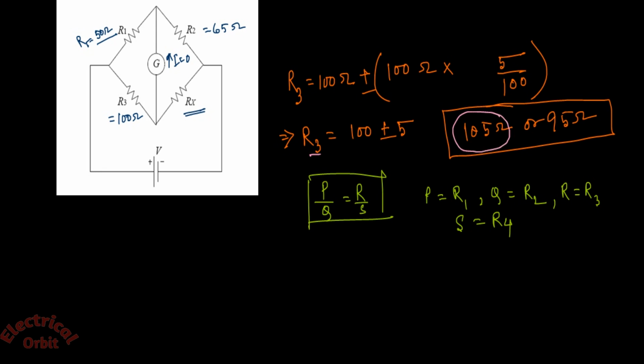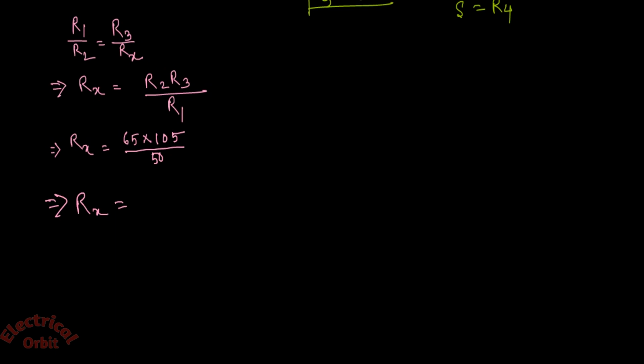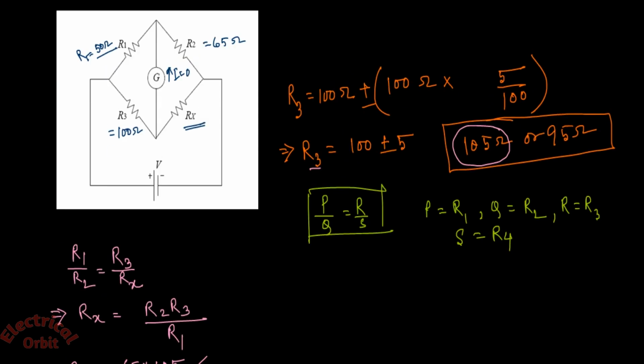So if we put the values here, we can write R1 by R2 is equal to R3 by R4, or better to say Rx, not R4, Rx. So Rx is equal to R2 R3 divided by R1. So we can write Rx equal to 136.5 ohm. So one value of Rx considering the resistance 105 ohm is equal to 136.5 ohm. Now considering the value of R3 equal to 95 ohm.